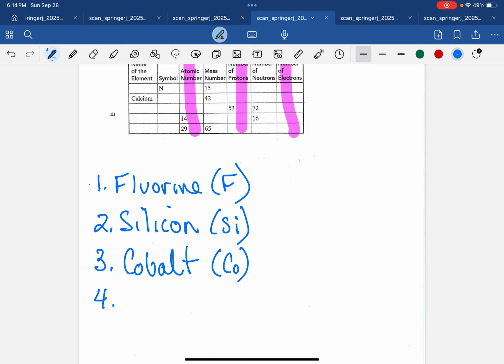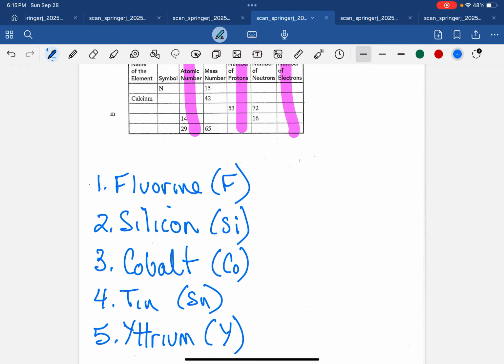Let's do a really hard one. How about tin? And one more just for fun. Oh, I like this one. What is that called? I've got to look. Yttrium. That's called Y. Okay, so electron configuration, those all up.